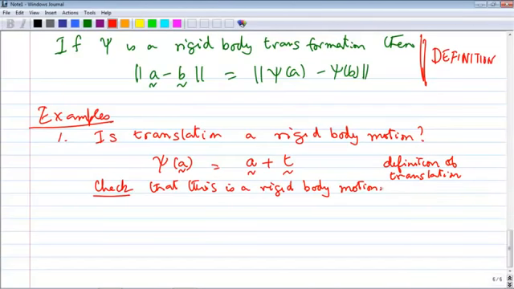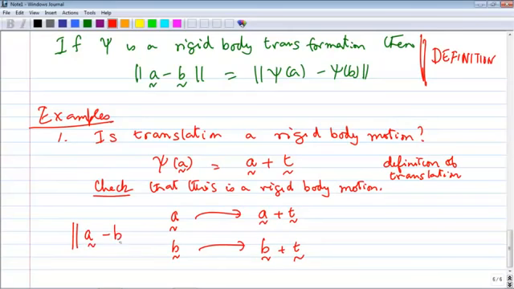Okay, so if we have the point A, that's going to get transformed to A plus T. If we have the point B, that's going to get transformed to B plus T. Okay, we have some difference here between the points A and B. So this is the original distance.